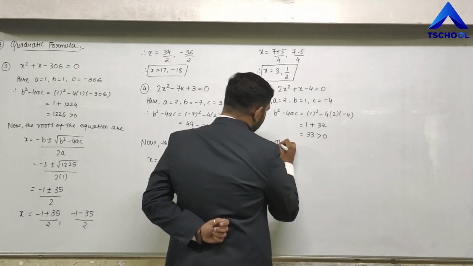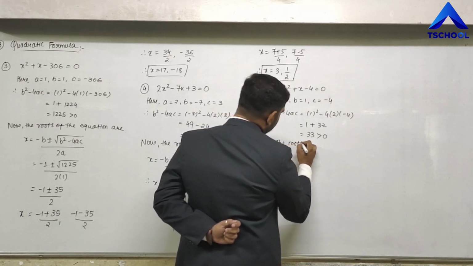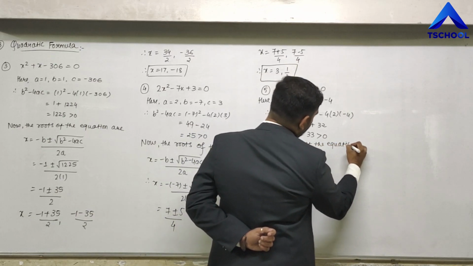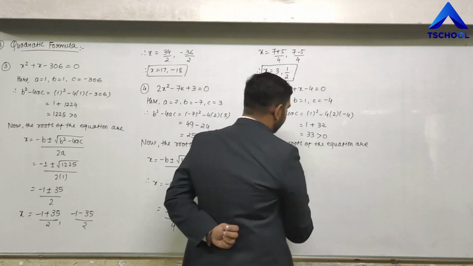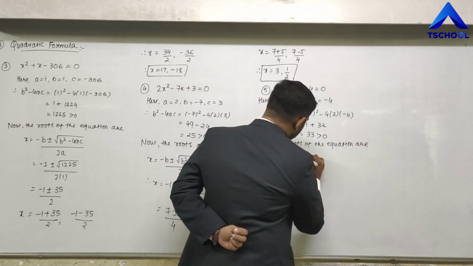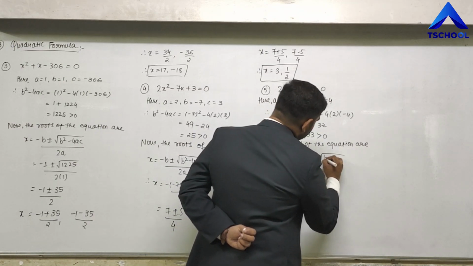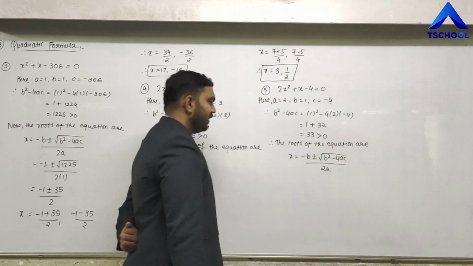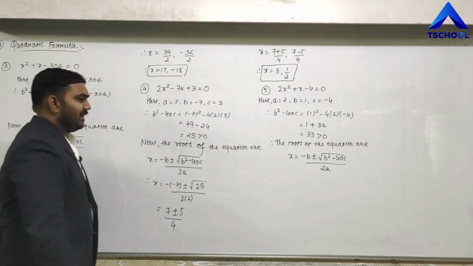Therefore, the roots of the equation are x equals minus b plus or minus root b square minus 4ac upon 2a, right? Let us put down the values here.